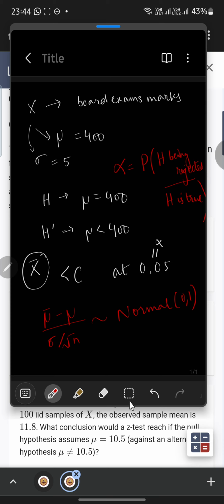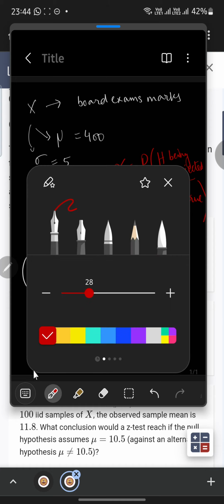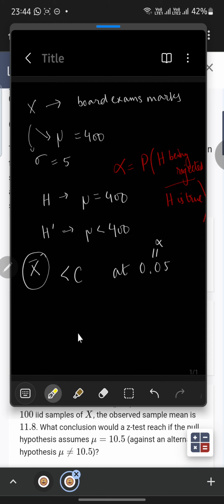So I'll be removing this. So the probability now, here x dash is the mean which is supposed to vary.